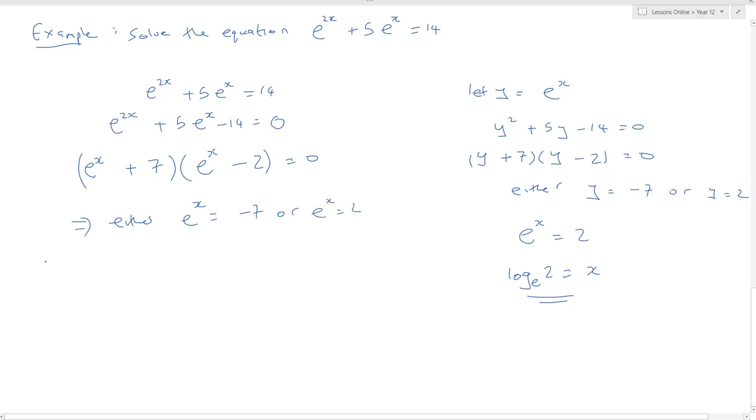It's only positive solutions. Therefore, e to the power of x is equal to 2. As we did before, that means that log to the base e of 2 is equal to x, or x is equal to ln 2.